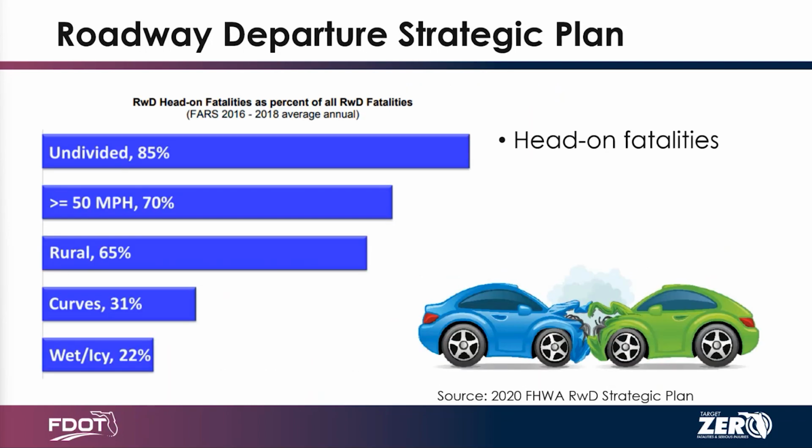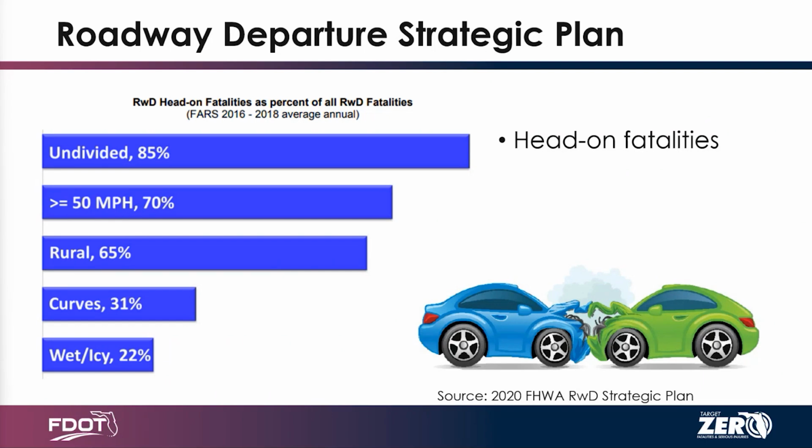So starting off with roadway departure that involves cross center line or cross median events causing that head-on collision. And this was part of 27% of all roadway departure fatalities. And 85% of these were head-on roadway departure fatalities on undivided roadways, which is a major focus of the primary emphasis area to address those cross center line crashes.